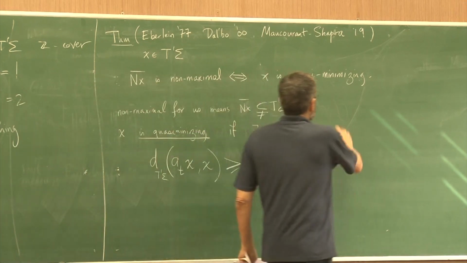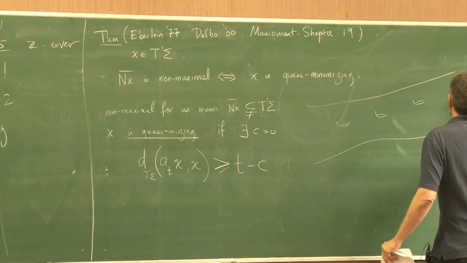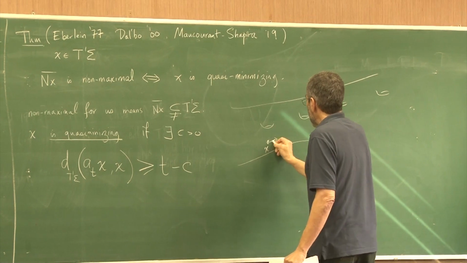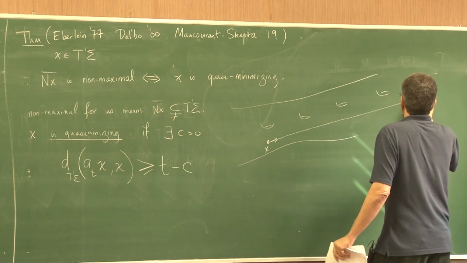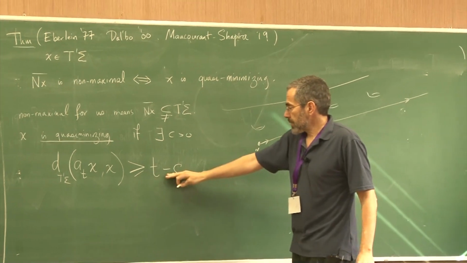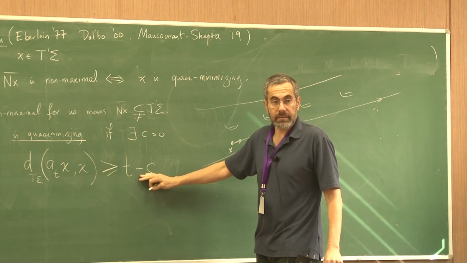So the image you should now have in your head is that I have my manifold, whatever it is, and x is quasi-minimizing if when I flow out in this direction, I get out as efficiently as possible, which means that my error is at most c, some constant.